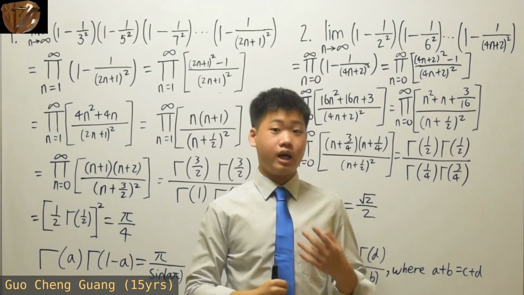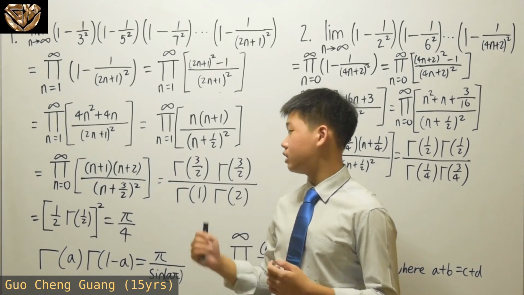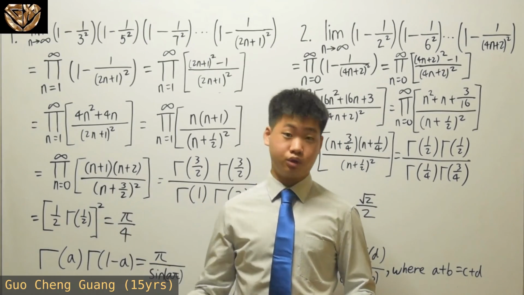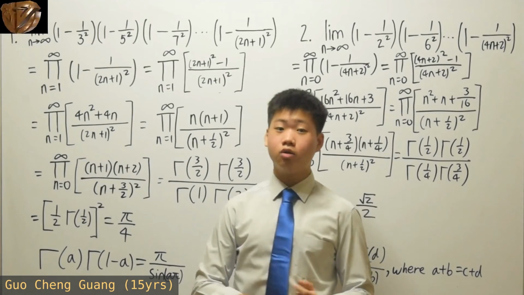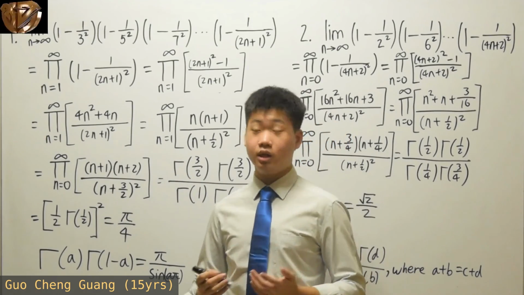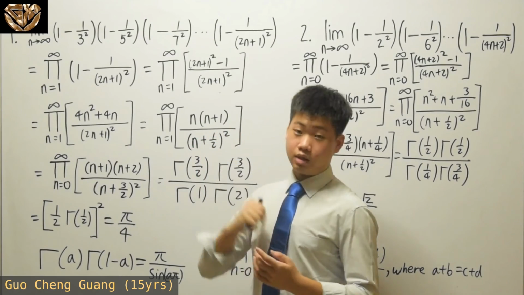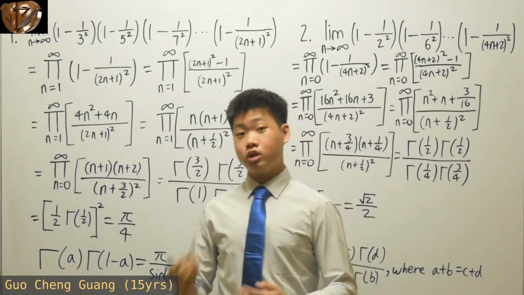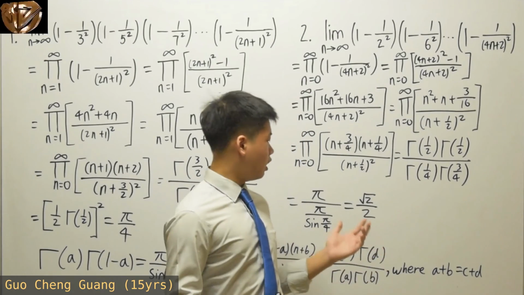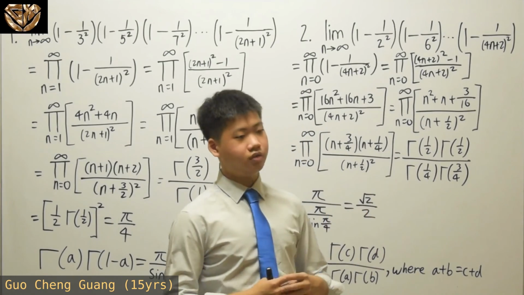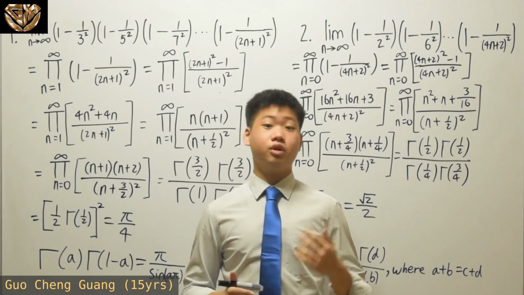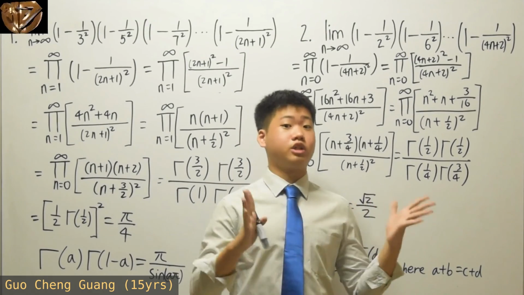You would have to actually go and calculate it to see whether it is an actual irrational number or maybe just another rational number, maybe more complicated. That is one interesting and weird thing about these examples involving the Wallace product and the gamma function. In the end, a large portion of them will actually end up with irrational numbers, even though you started with all rational numbers.